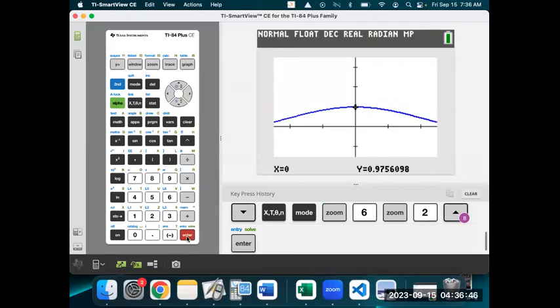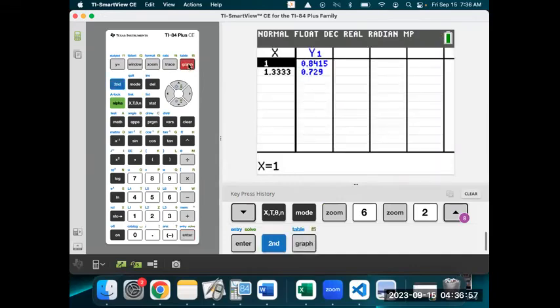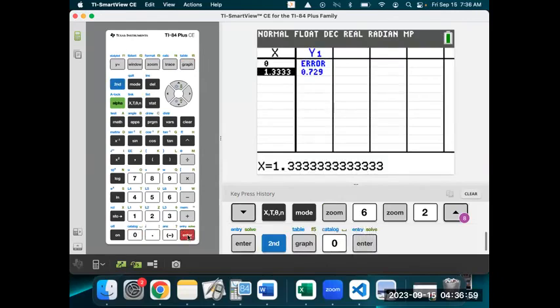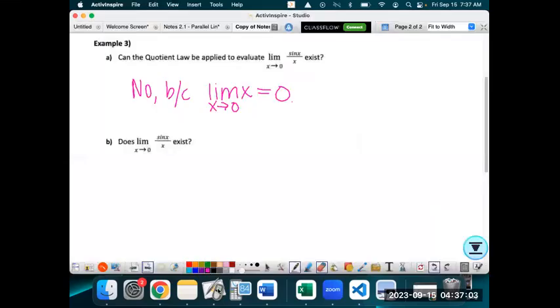Okay, so it does look like the limit exists. It looks like we're approaching 1 from either side of 0. I just can't plug 0 in. There's not going to be a value there, which we can even double check by looking at our table. Yeah, no value is going to work there. So yes, visually/graphically.